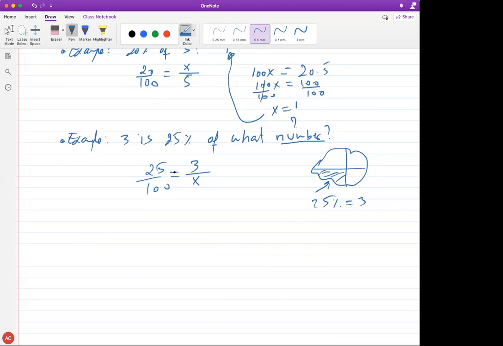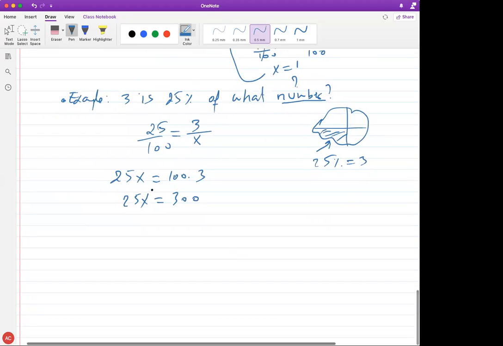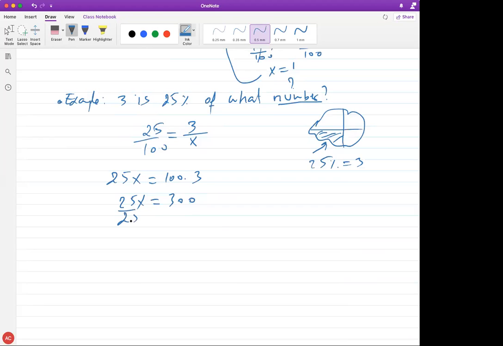Now again, we just need to cross multiply to simplify. That's 25x equals 100 times 3. So 25x is 300. And then you just divide by 25. If you cancel these, x will be 300 divided by 25, which is 12.